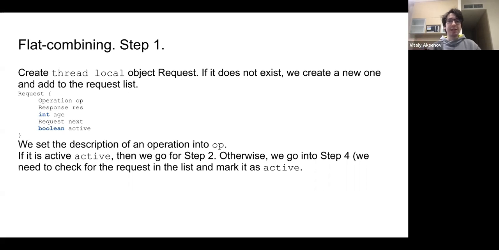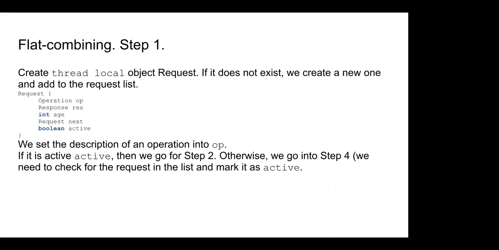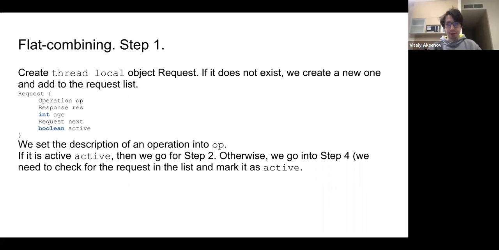The main difference between CLH locking and flat combining is that you do not remove the node from the publication list. Even if you finished your operation, you say, okay, I'm inactive, and I will leave my descriptor there. Then once in a while, we remove these old descriptors.